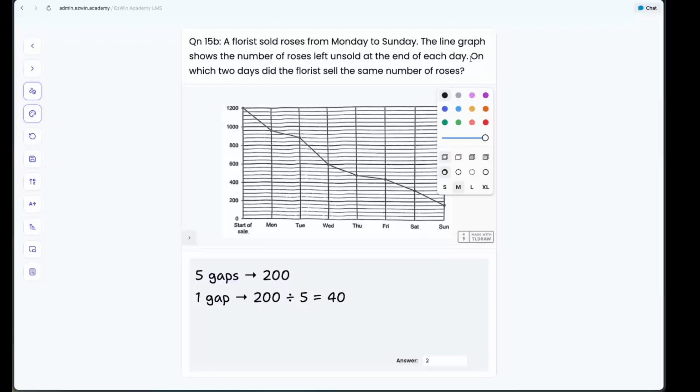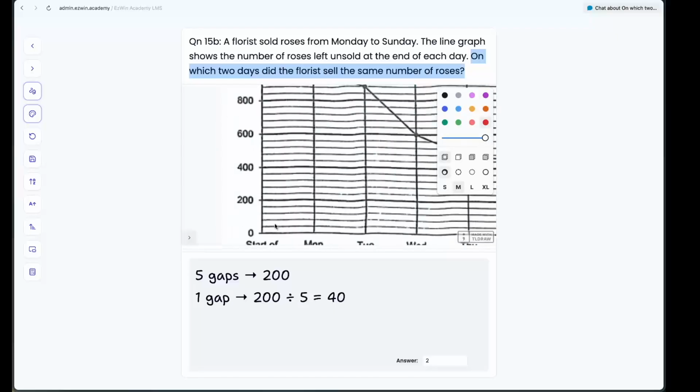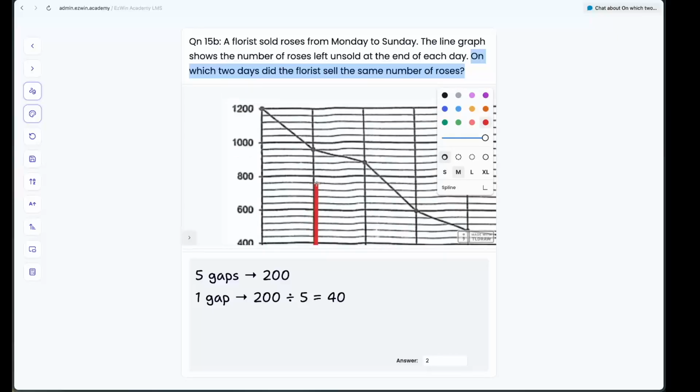So part B, on which 2 days did the florist sell the same number of roses? We need to find each day and see which day has the same number of roses sold. Since we know 1 gap is 40, we just measure for each day.